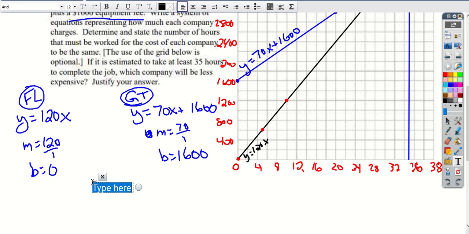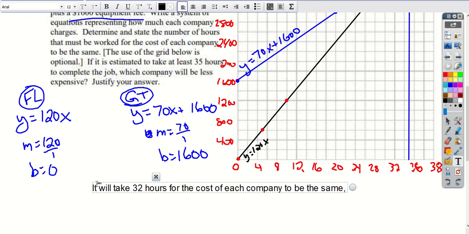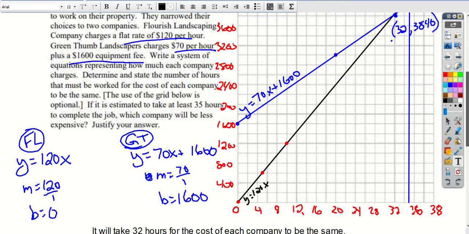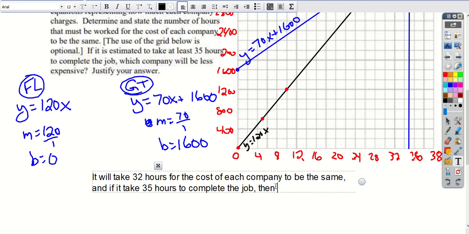We label it in the graph, so we would say it will take 32 hours for the cost of each company to be the same, and let's say if it takes 35 hours to complete the job, then what's the GT company again? The Green Thumb Landscaping Company is last.